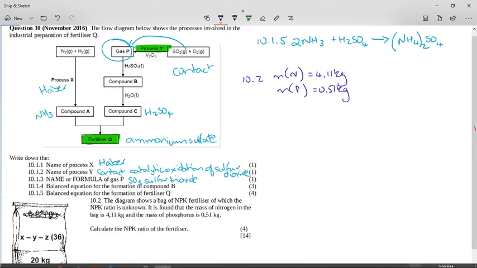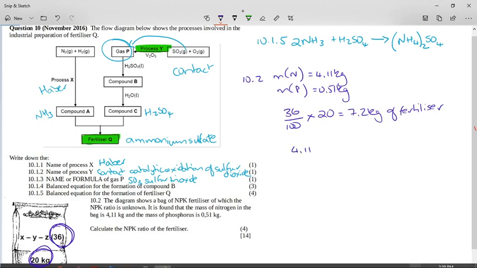Well, the first thing to remember is, this 36 over here says to you only 36% of the mass of the bag, which is this 20 kilos over here, is actually fertilizer. So 36% of 20 kilos, if you use your calculator, you end up with 7,2 kilograms of fertilizer.